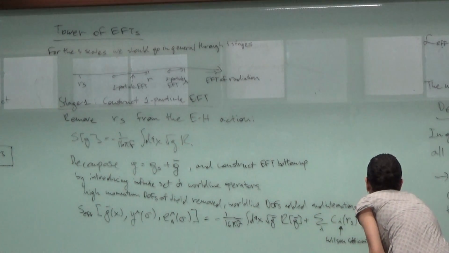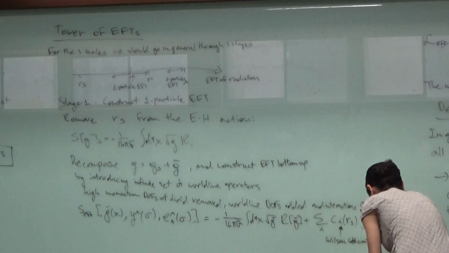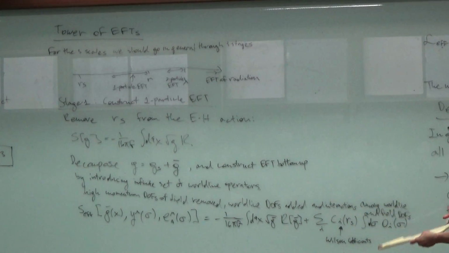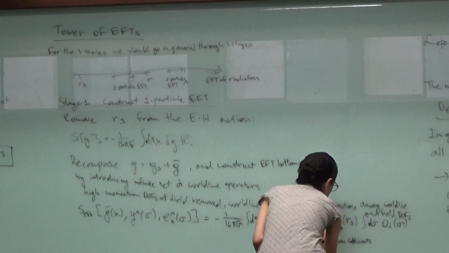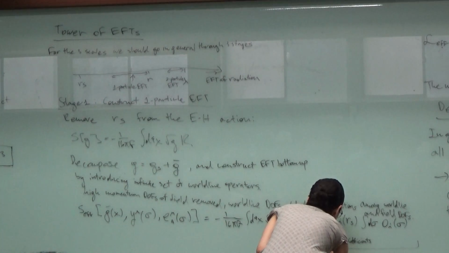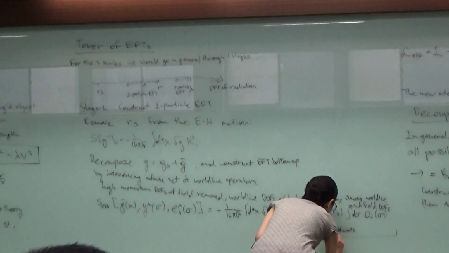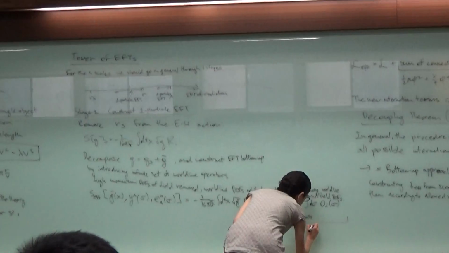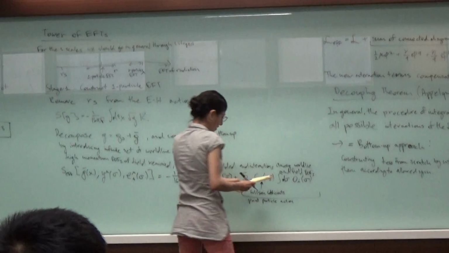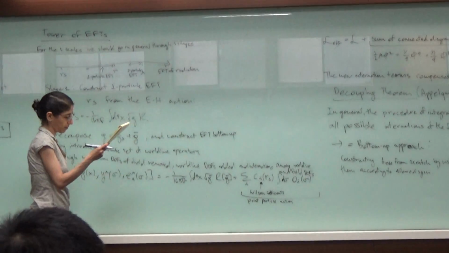So we have an infinite set of operators on the world line. This is what we call the particle part of the action, where all the Euclid physics goes into the Wilson coefficients.